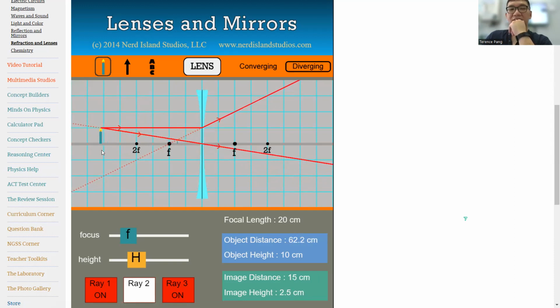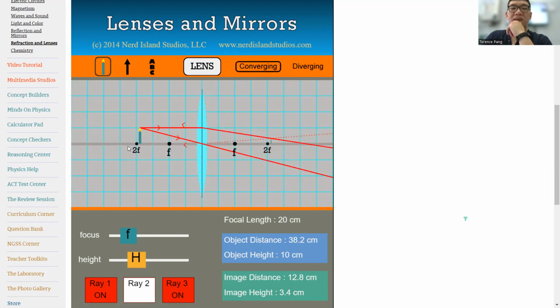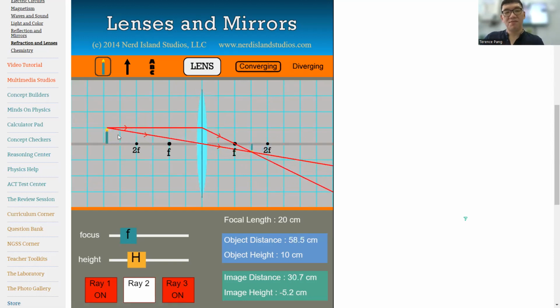A lot of us are short-sighted, or myopic, we will be wearing diverging lens for our glasses. Okay, and that concludes using this simulation to better understand the properties of light through a converging lens.